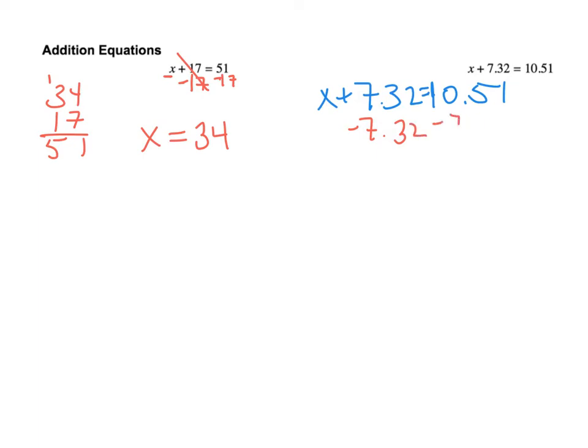I'm going to do that from both sides. So 7.32 minus 7.32 gives us 0. And on the right-hand side, I turn this into 11. That'll give me 9. This becomes 4, which is a 1. And then 10 minus 7 is 3. So x is equivalent to 3.19.